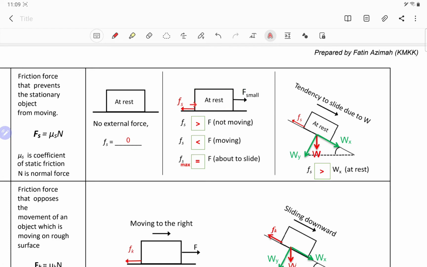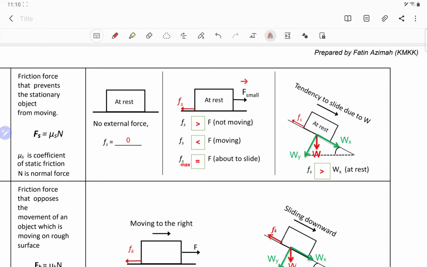So for this case, kita ada apply force, kita tarik dia, but dia masih lagi tidak bergerak. Dia at rest. Meaning that, we have a friction force acting on the object yang melawan force kita. If the magnitude of the static friction is greater than the applied force, therefore the object will not move.